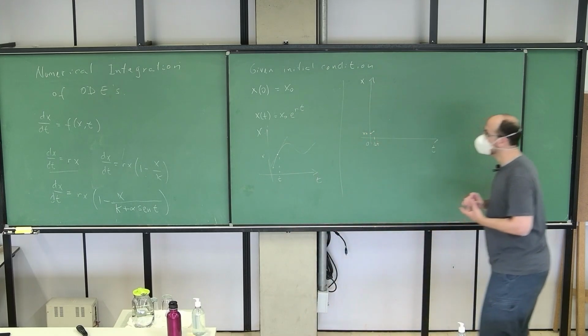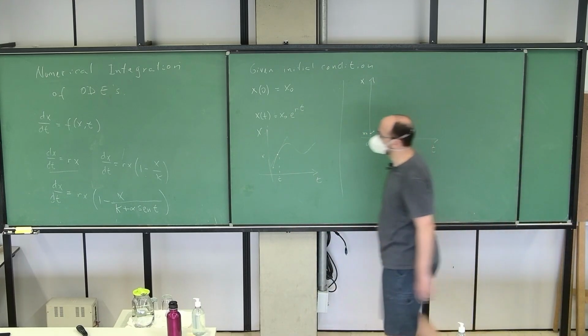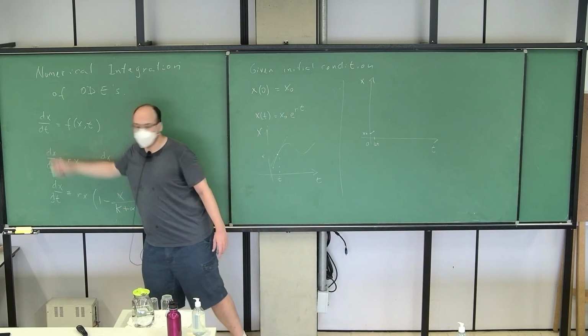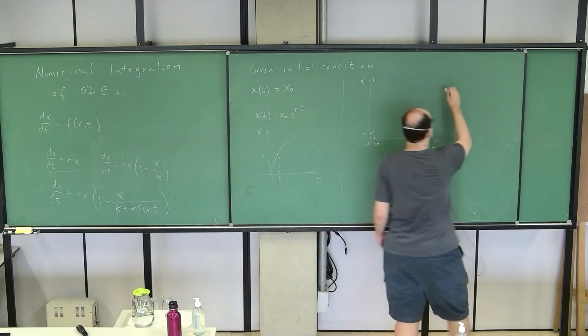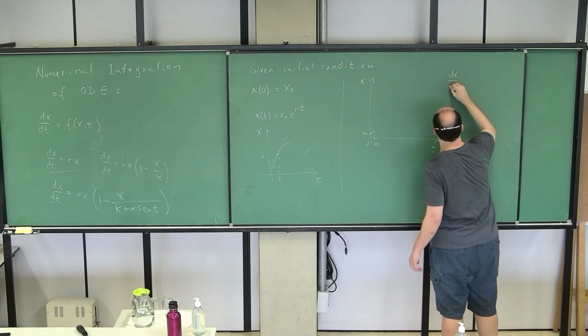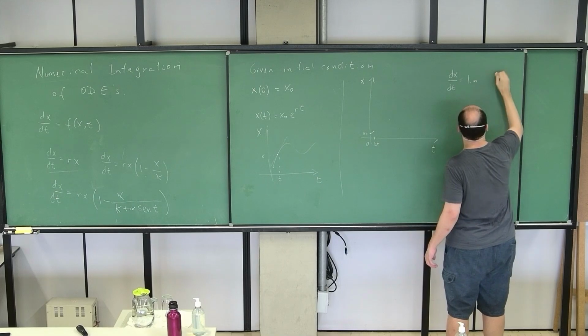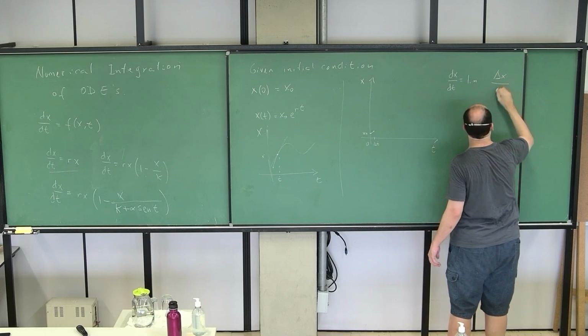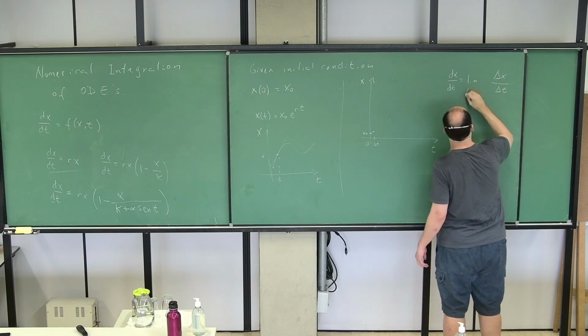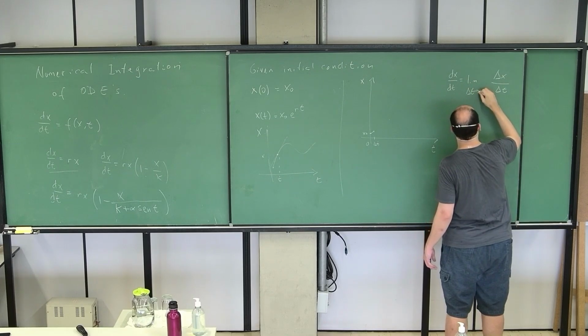So if you remember the meaning of the derivative, dx/dt was what? It is the limit of delta x over delta t as delta t goes to 0, okay?